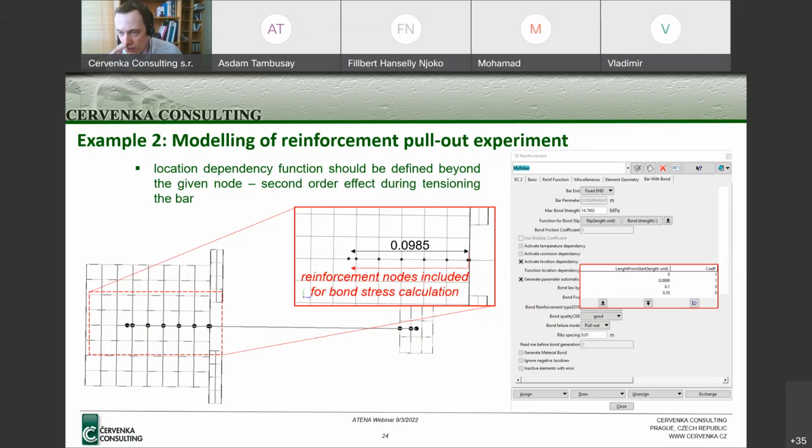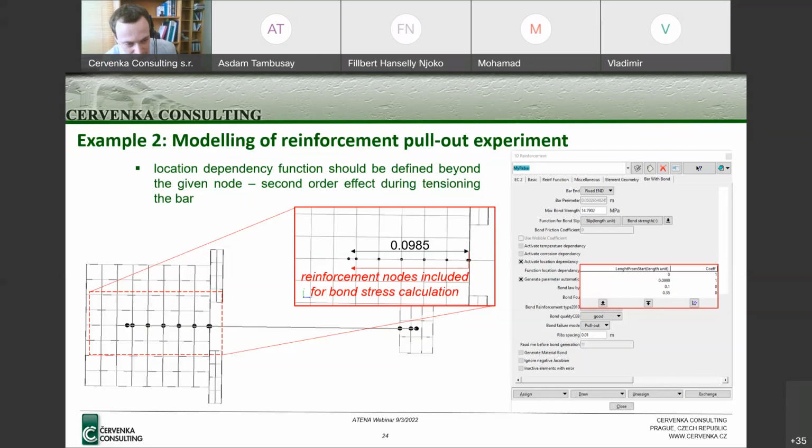And yeah, the next question is from Sinan about the interface properties, about when we model it as a 3D element. This was not actually the topic for us, but users also contact us with this kind of problems.